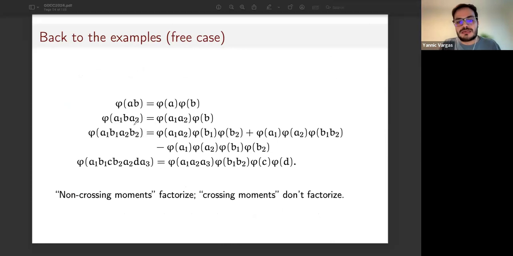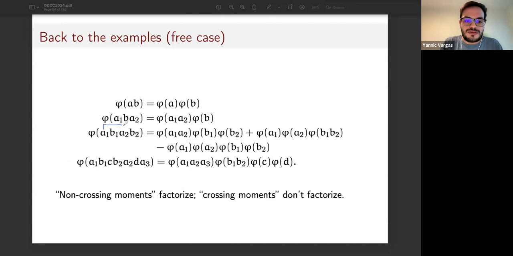And the magic here is that as soon as you have free variables, you have those monomials formed by free variables. On those examples, the A's together are free, the B's are free, the C's, and so on.